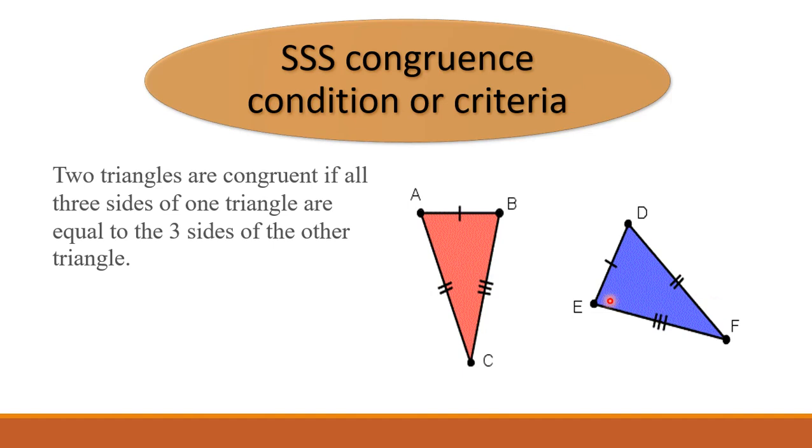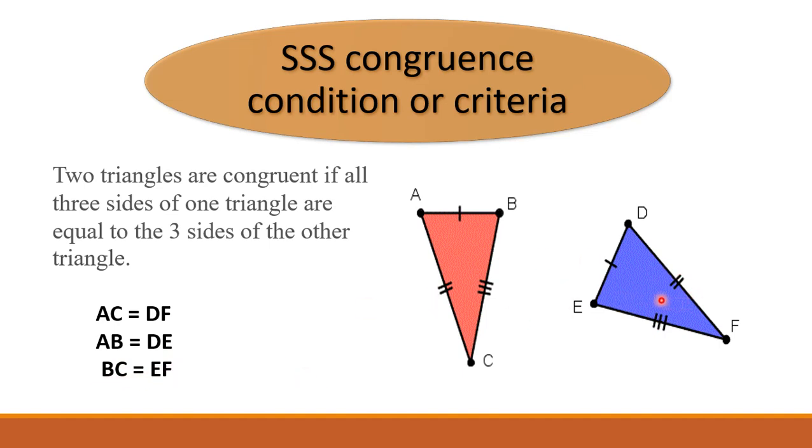As in this figure, we observe by these marks that side AB is equal to side DE, side BC is equal to side EF, and side AC is equal to side DF. Now we can write AC is equal to DF, AB is equal to DE and BC is equal to EF, then the two triangles are congruent.